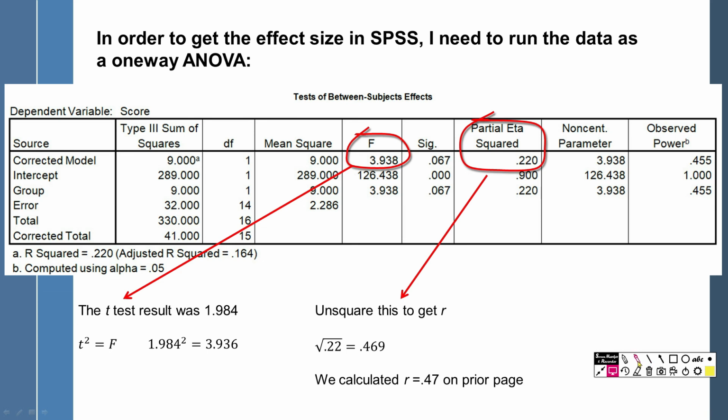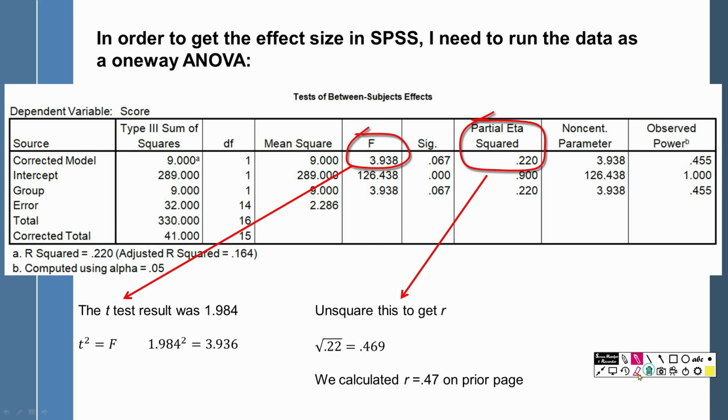So these two are really the same thing. But again, that only applies to the two-group situation. In the two-group situation, r will be equivalent to eta. So when SPSS gives you eta squared as an option in your one-way ANOVA menu, you can choose that option in order to get the effect size, but you have to, of course, take the square root of that to turn it into effect size r.